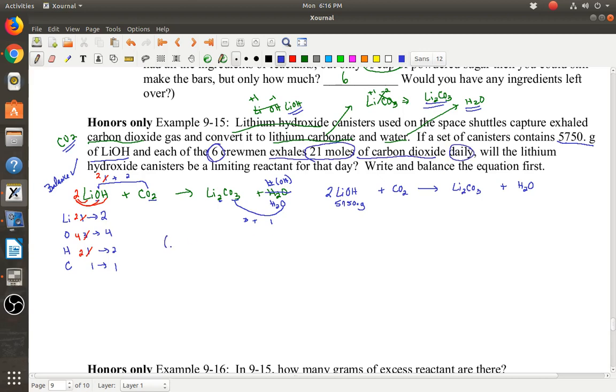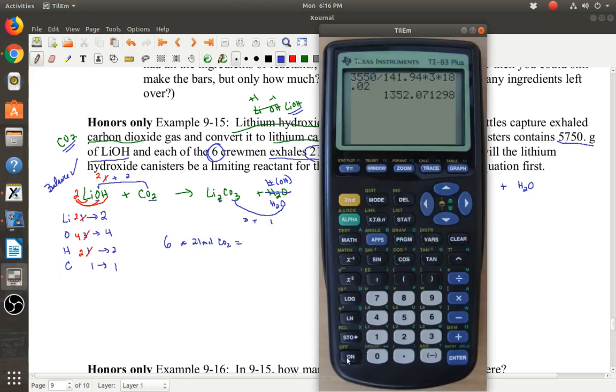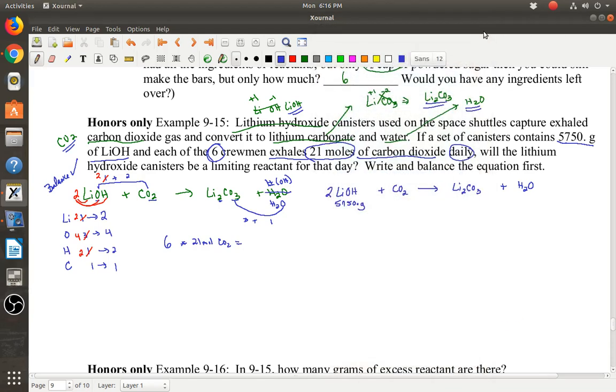We have 6 crew members, and they exhale 21 moles of CO2 every day. How many moles of CO2 is that? It was just 6 times 21. Because I stink at mental math on the fly, I'm going to multiply it out. 6 times 21, I got 126 moles of carbon dioxide.